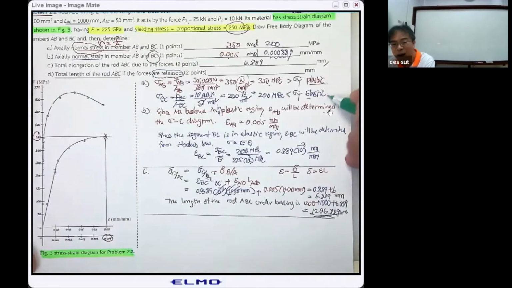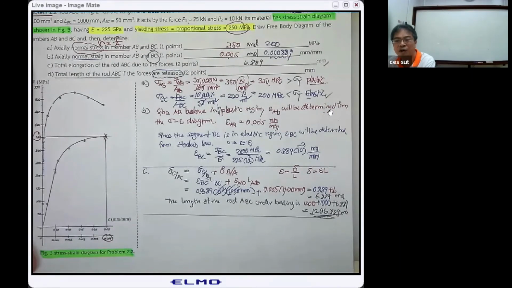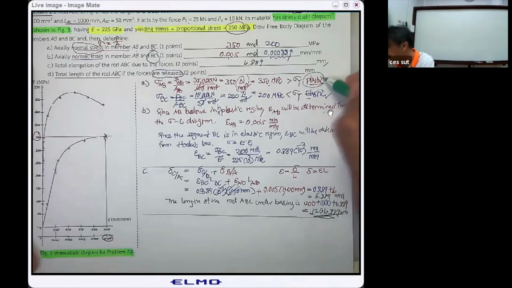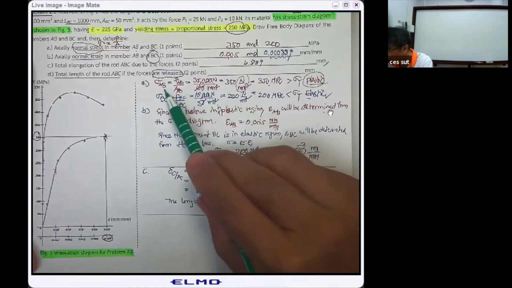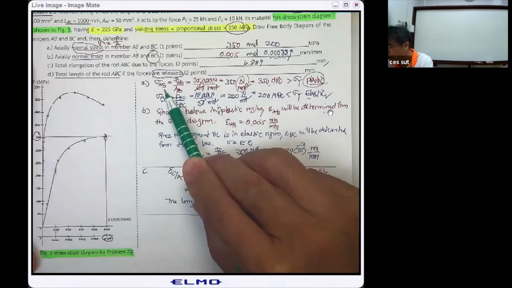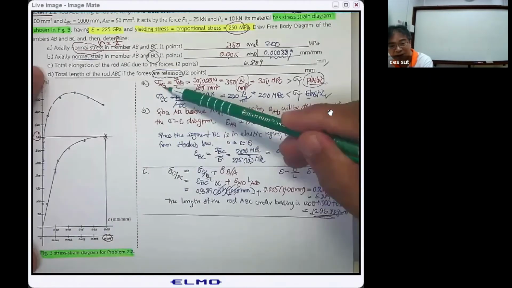The elastic behavior will recover the whole length to its original length. But for the plastic behavior of the segment AB, some will return as the elastic recovery, but the other will be the permanent set.